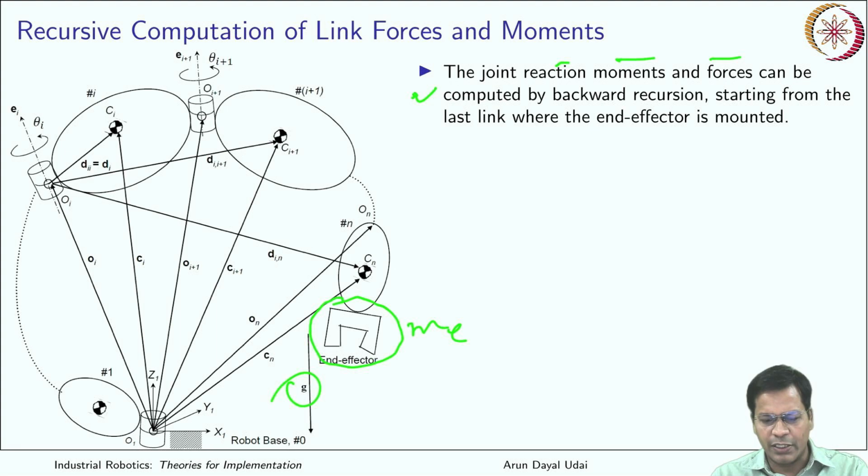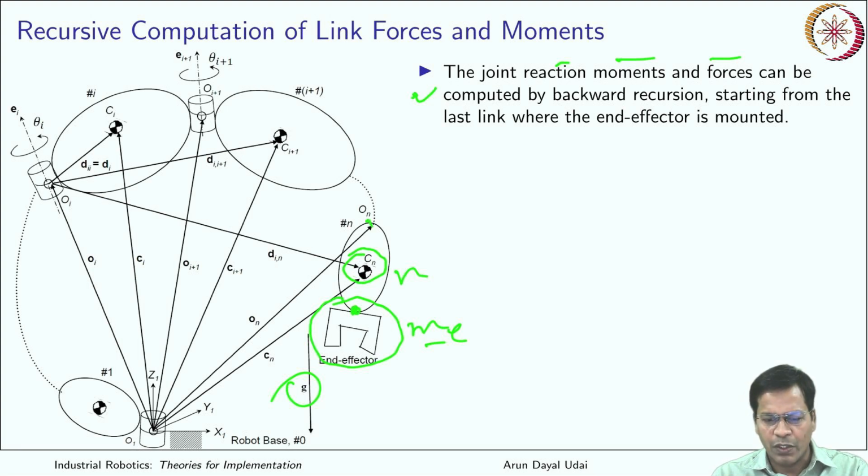We know the gravity g direction with respect to this also. So we can quickly calculate how much will be the force that this end effector is applying on the nth link. That is the last link. We have all the information about this end effector, so that is what will be used. Starting from this, we know what this is applying here. We know the link mass and center of gravity location for this also.